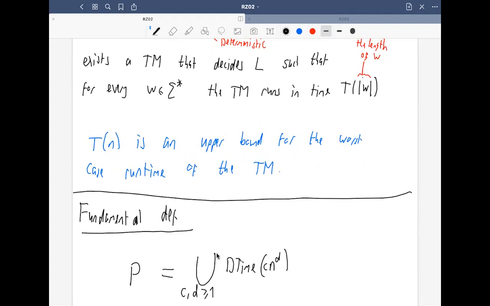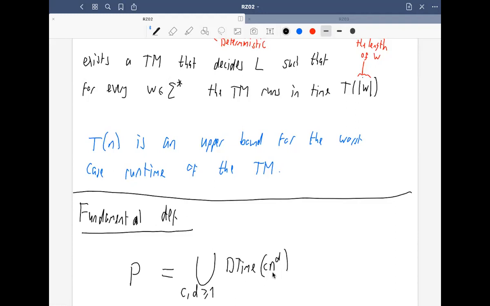Here n is the size of the input string, and a problem is in polynomial time if we have a Turing machine that decides the problem such that for any input string of length n, the time taken for the execution is at most c times n to the d, for some constants c and d.